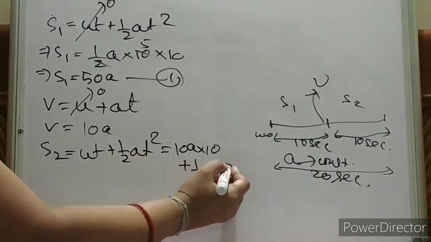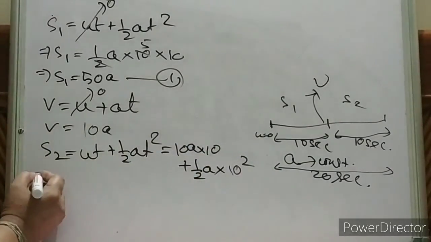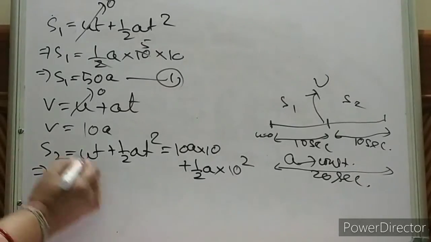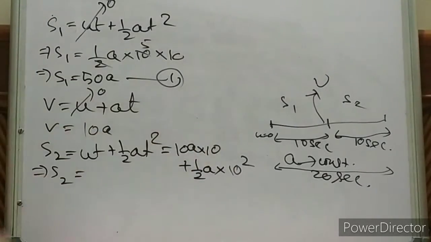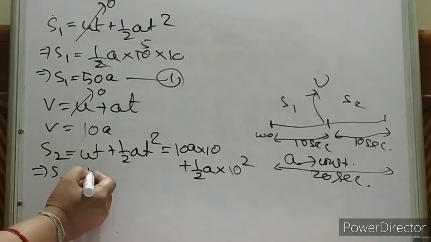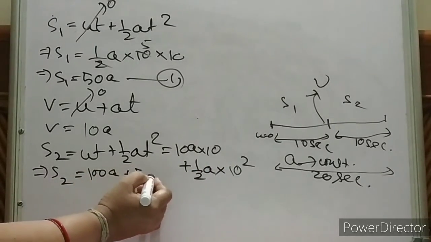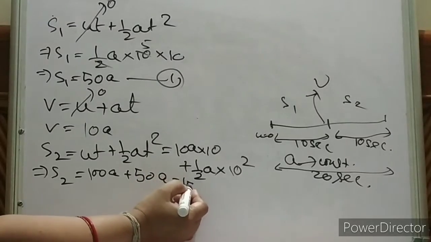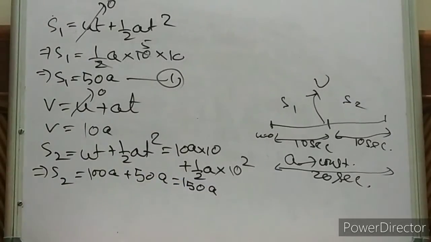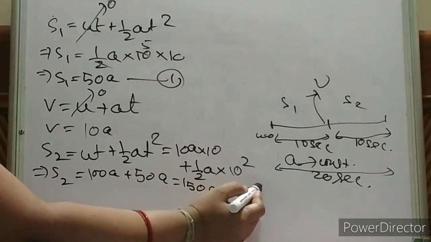So again 10 square. So what is S2 now? Tell me. 10 into 10, 100a plus 50a. So it is 150a. Okay, this is your second equation.